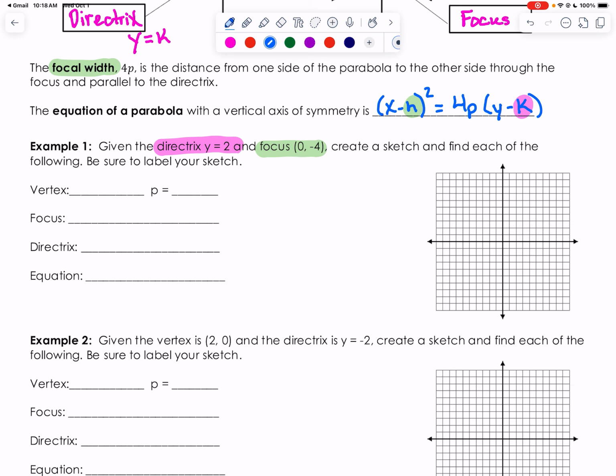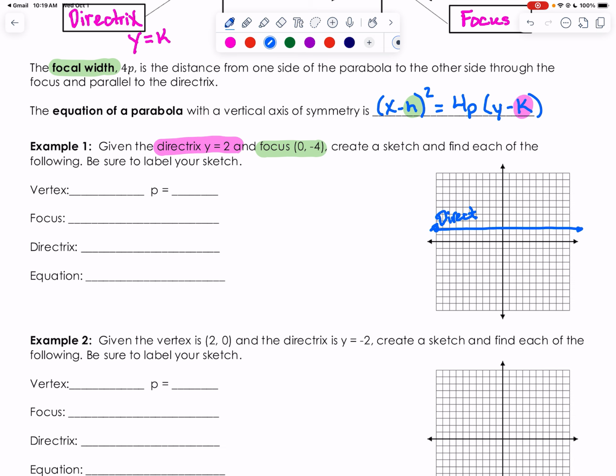So let's start with our directrix. The directrix is the horizontal line y equals 2. So on the y-axis, come to 2, and then draw a horizontal line through that. And it says to label the graph, so I'll just abbreviate directrix as direct. Okay, that's our directrix, y equals 2.